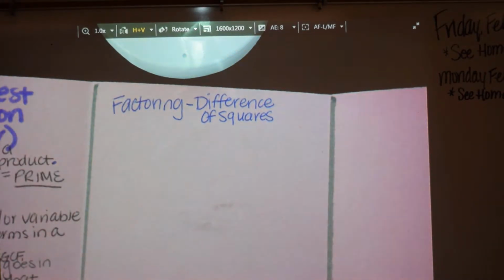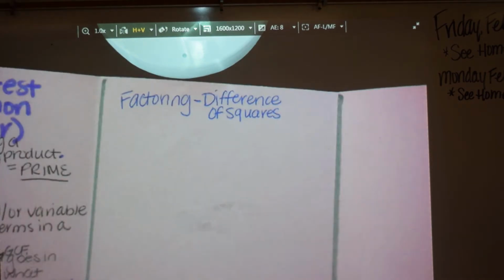Okay, so this is page 2 in your brochure. Should be directly next to the greatest common factor method. And we are going to first do one review problem.